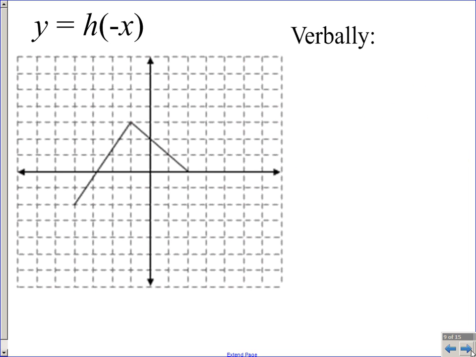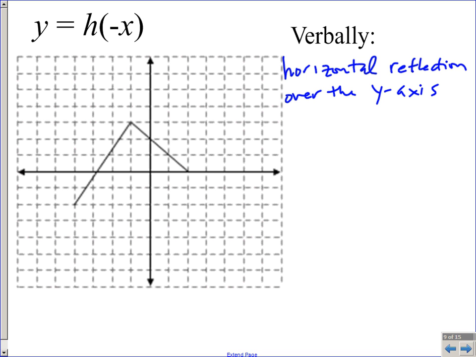If we put the negative inside, we would say it's a horizontal reflection over the y-axis. We get that by taking all the x values and changing their sign.